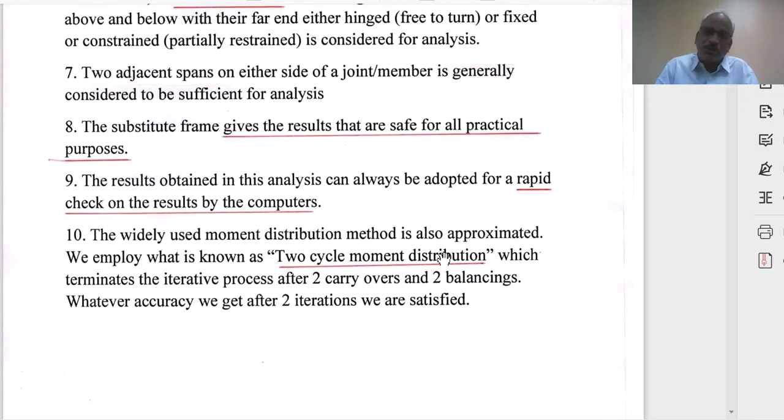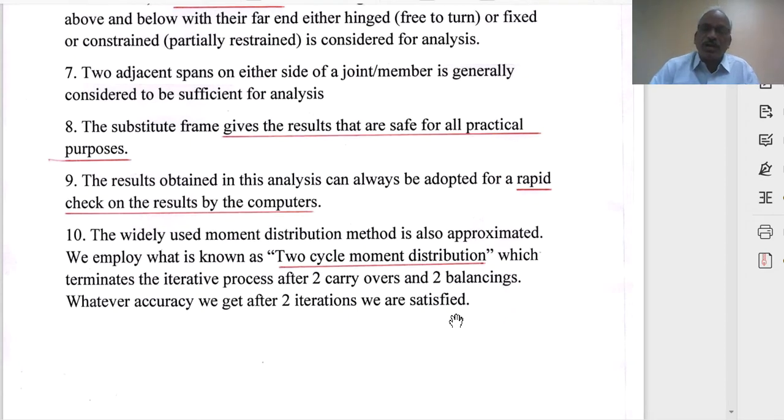That also we will not be doing up to the end, because in moment distribution, balancing and carryover are done continuously till the values become negligibly small, 0.04, 0.3, like that. Here that is also simplified: you stop with only 2 cycles, 2 balancings, 2 carryovers, that's all.